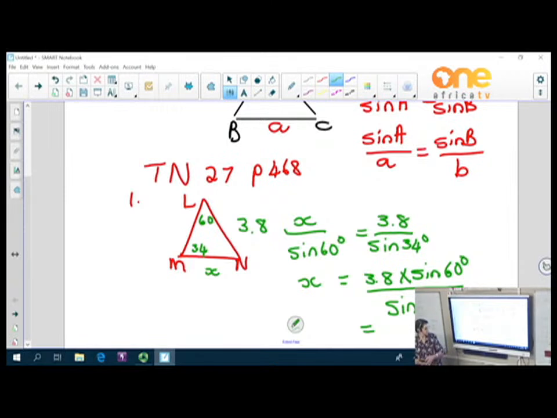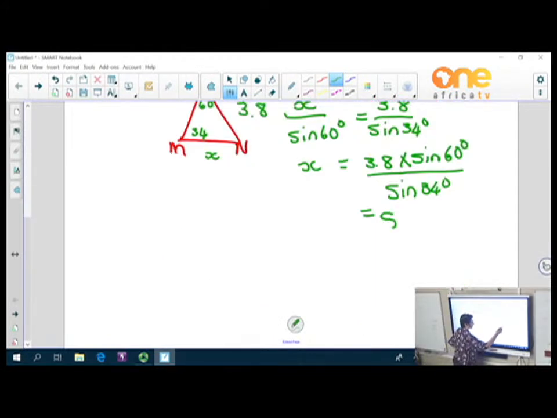So 3.8 times sine 60 degrees is equal to divide by sine 34, and I got 5.885. It's also important that we will look at the rounding.